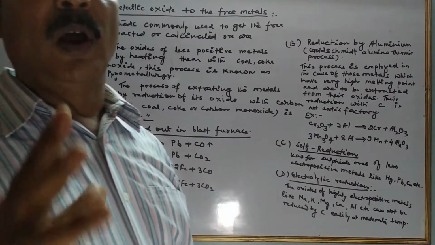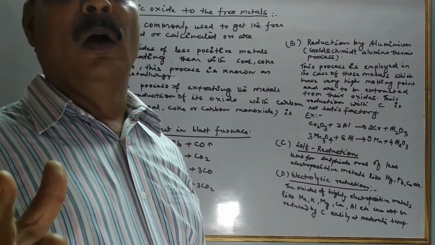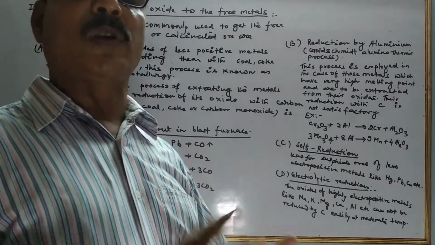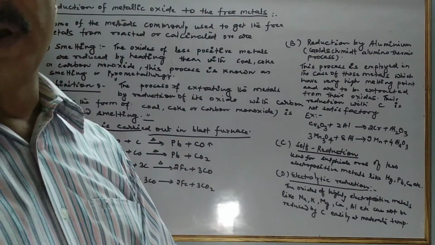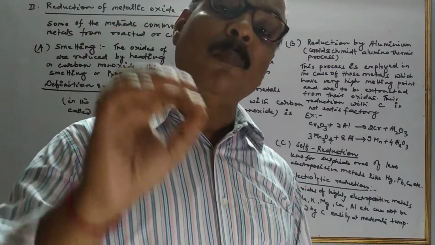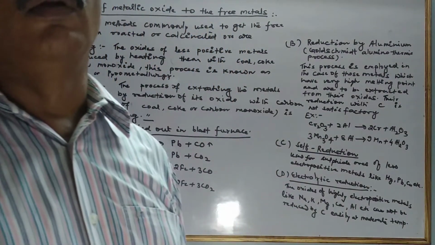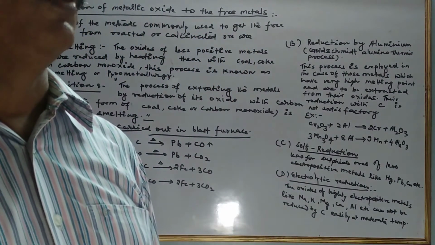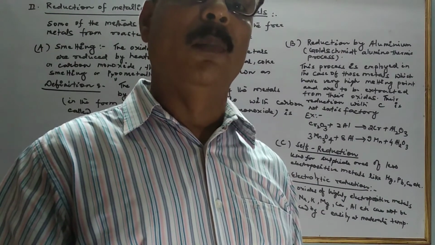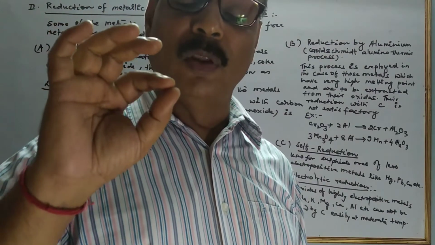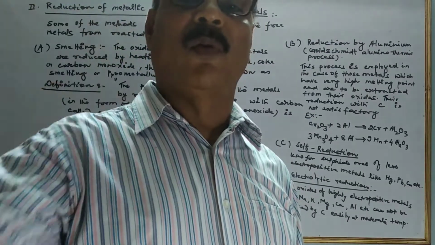Ores of free metals are found in the form of lumps. These lumps are crushed or grinded into small pieces, that is called crushing, and the small pieces of metal ore are then converted into fine powder with the help of a stamp mill or ball mill, and that process is known as pulverization.